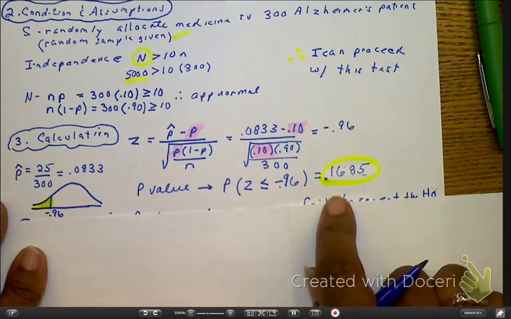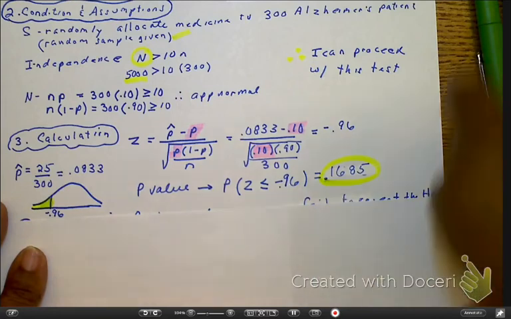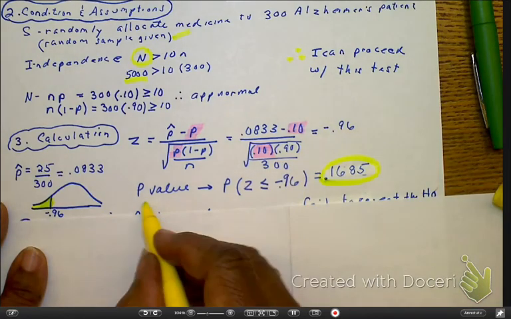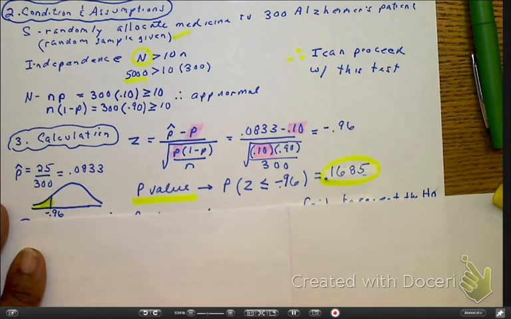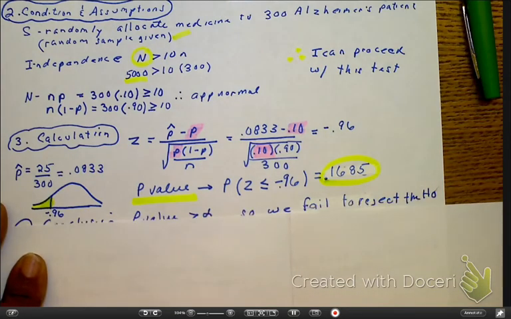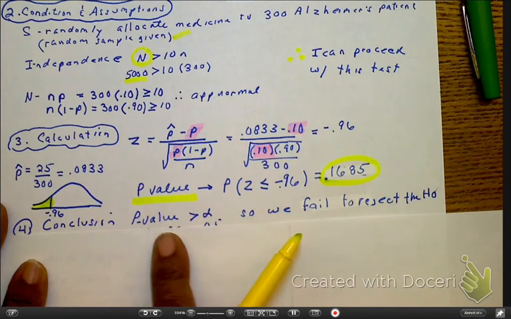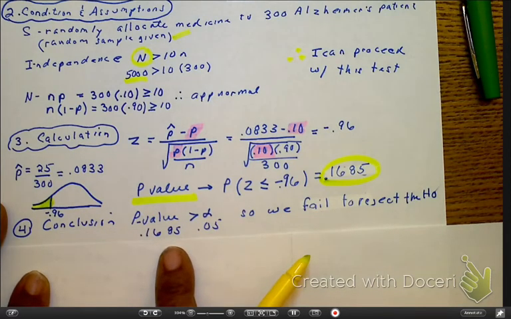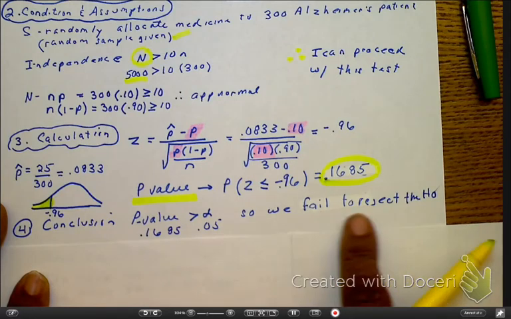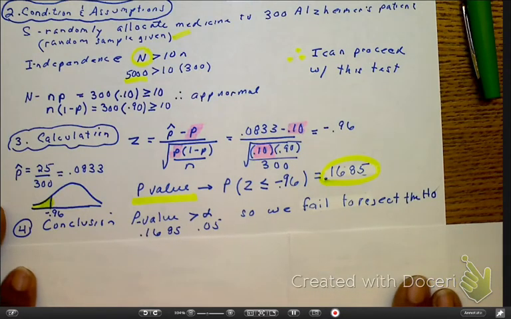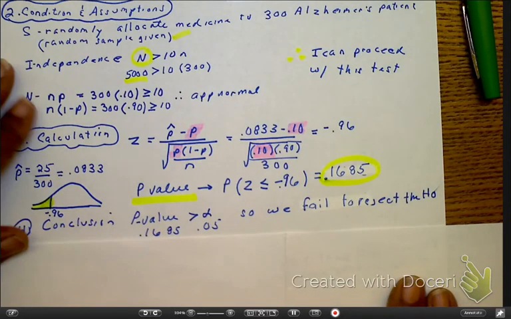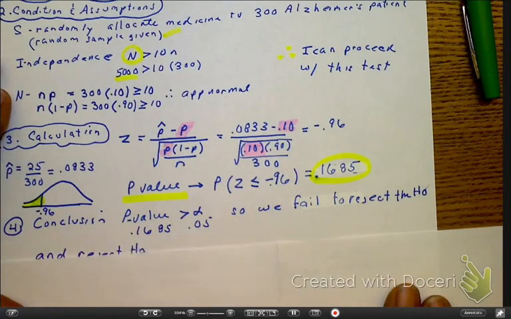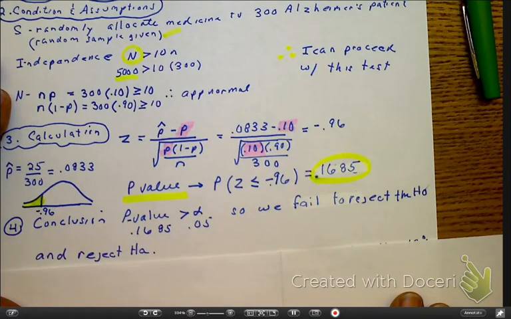Now, since we have that, remember this is our p-value. When we discuss the p-value, we're not looking at a graph. We just compare our p to our alpha, and since our p-value is greater than our alpha, we're going to fail to reject the H0. As we fail to reject the H0, at the same time we reject the HA.